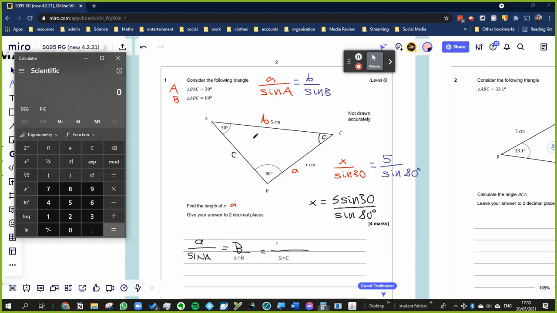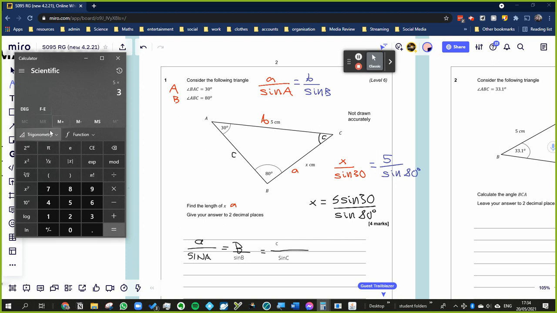Okay, so I've got the calculator here. So 5 multiplied by sine 30. I'm not familiar with using that one, so I'm going to do it on my calculator here, off screen, I'm afraid.